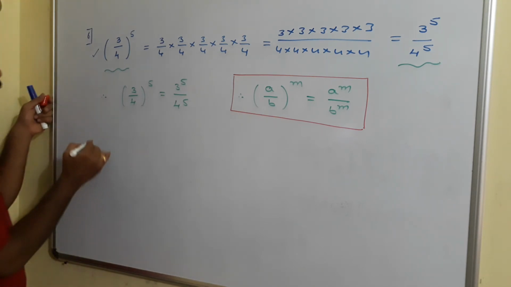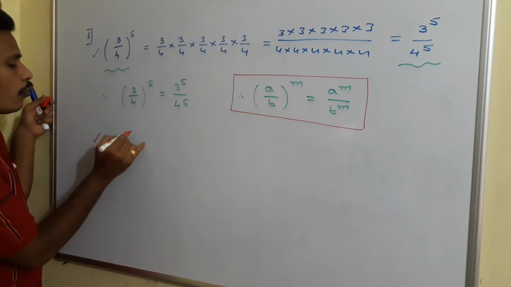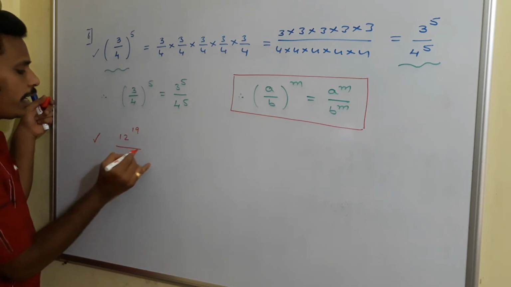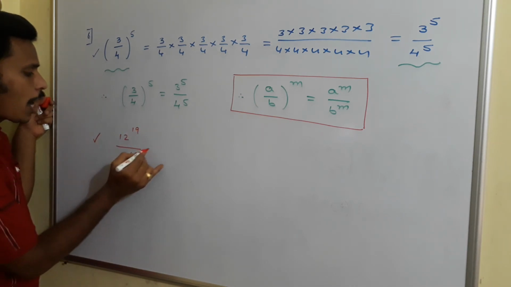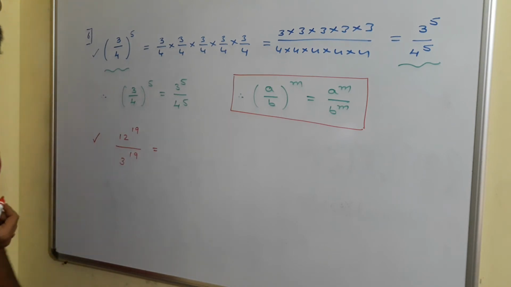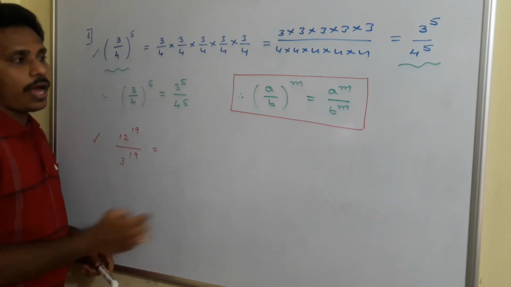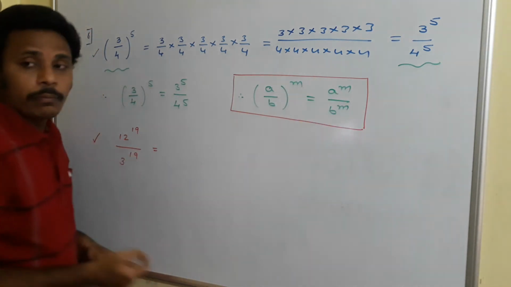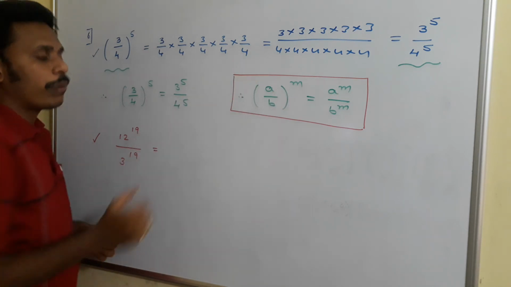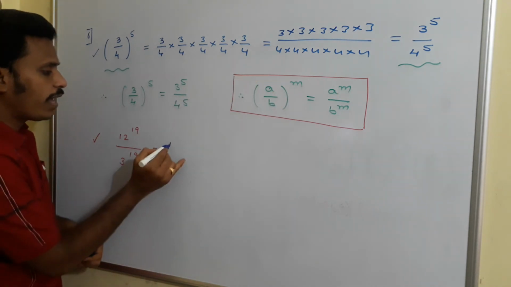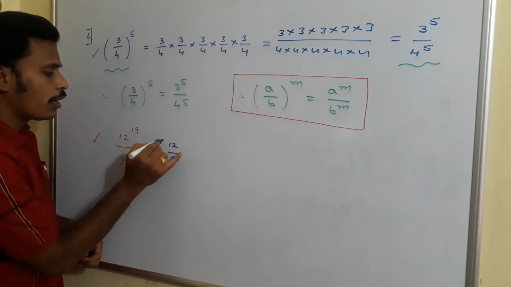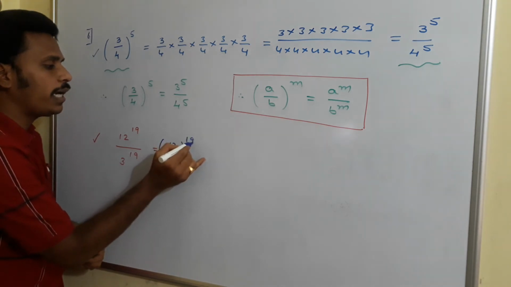That's it. Suppose you have a problem like this, 12 power 19 divided by 3 power 19, how to simplify this? By this particular law, a power m by b power m can be written as a by b whole power m. So we can rewrite it like this: 12 by 3 whole to the power 19 directly.